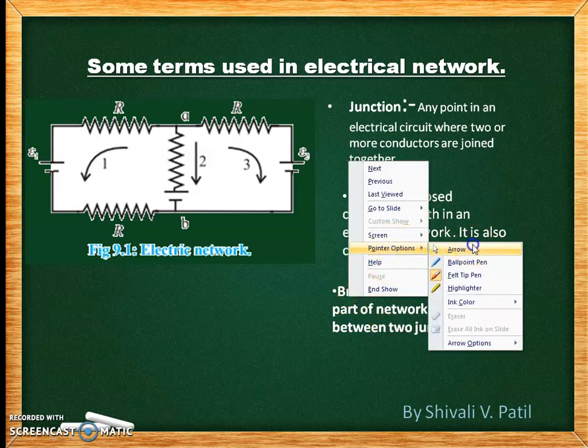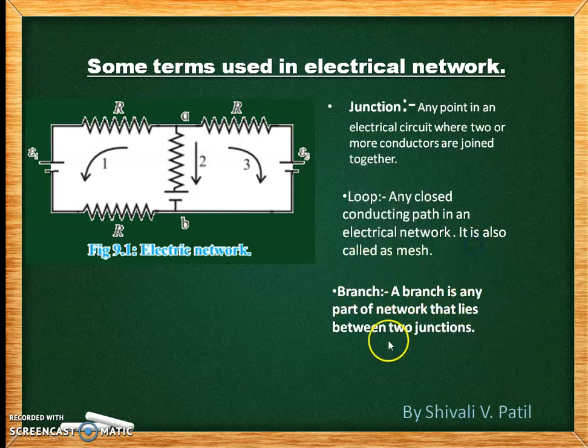Next term is a branch. A branch is any part of a network that lies between two junctions.